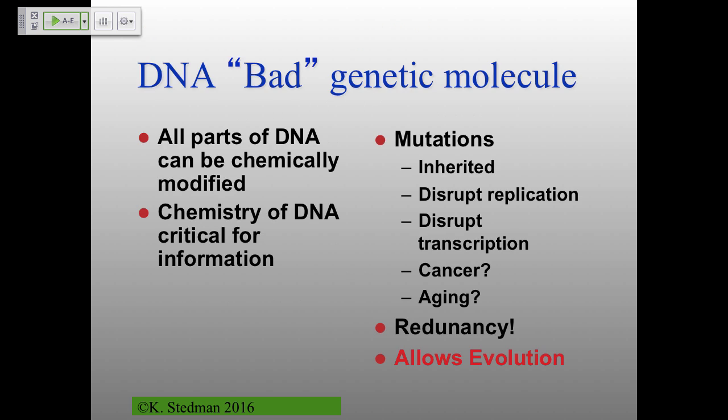So the rest of today, we're going to talk about how horrible DNA is as a genetic molecule. So the main reason that DNA is such a horrible genetic molecule is that all of the information that you have in DNA in terms of the genes, the transfer of information, is all chemical information.